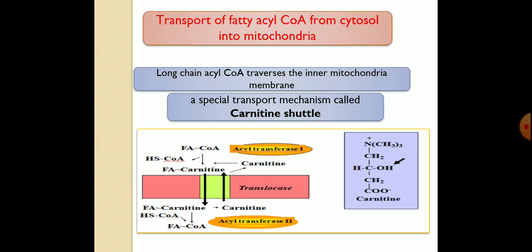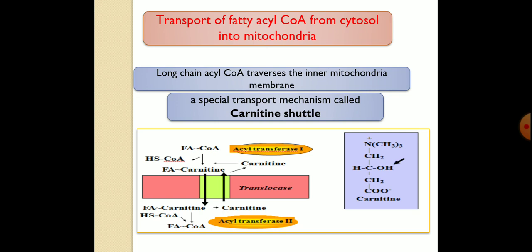Now the next step is transport of fatty acyl coenzyme A from cytosol into mitochondria. The activation of fatty acid takes place in the cytosol, and the actual site of beta oxidation is the mitochondrial matrix.